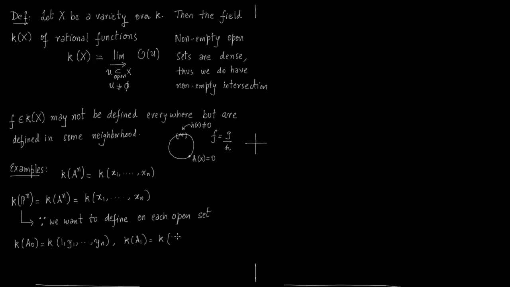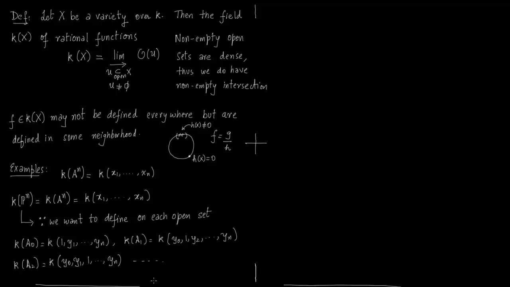K of A1 you fix the second coordinate as non-zero, so you have y0, 1, y2 all the way to yn. Then k of A2 you fix y2 as 1, so you have y0, y1, 1 all the way to yn, and so on.